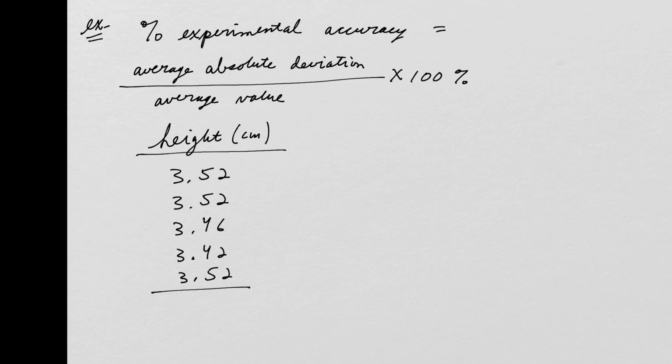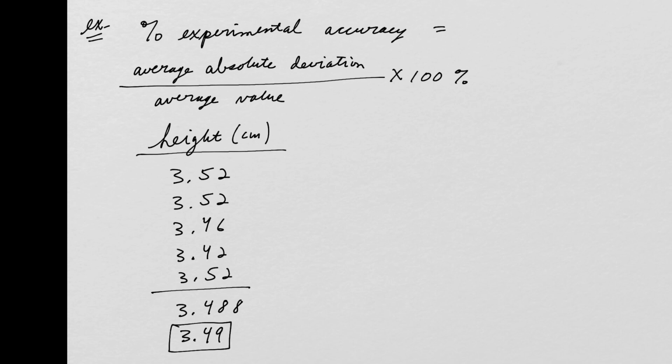If you average them, you're going to get 3.488. But we have to round everything to the resolution of the instrument. And because each of these values has 2 decimal places, the resolution of this instrument is 0.01 centimeters. So I want to round this to 2 decimal places. So this would be 3.49, right? That would be my average height.